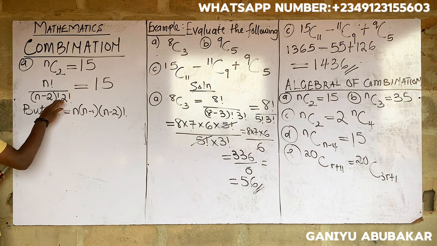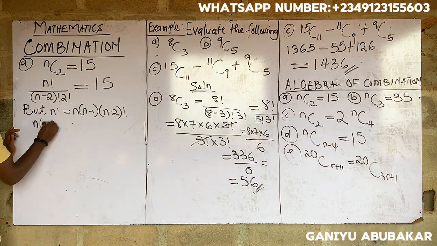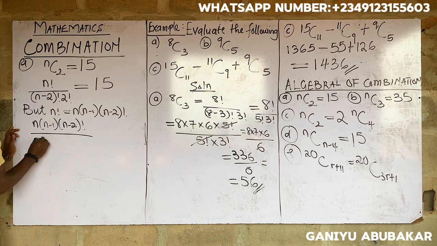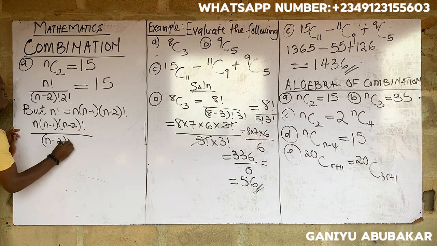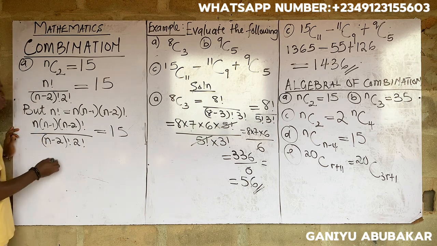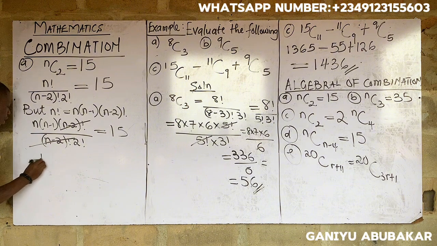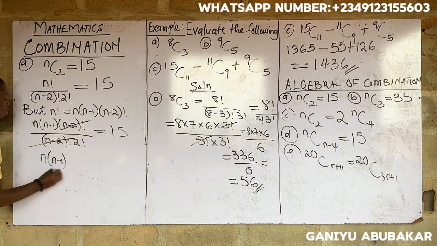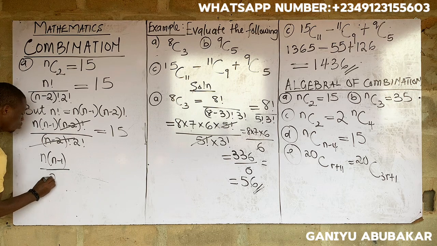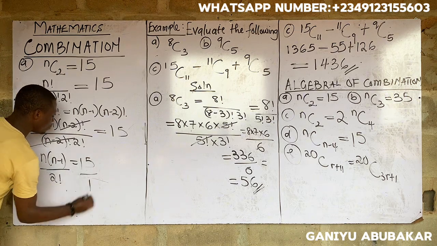So I'll replace n factorial with this here. That becomes n into n minus 1, n minus 2 factorial, all over n minus 2 factorial 2 factorial, equal to 15. What do you observe? This will cancel this. I'm left with n into n minus 1 over 2 factorial equal to 15 over an invisible 1.